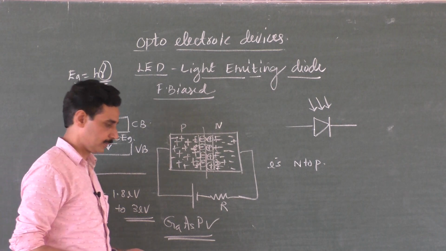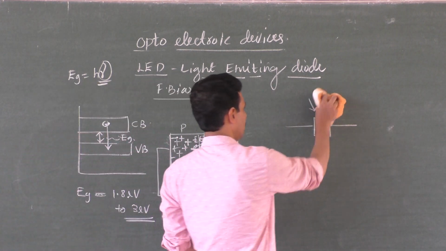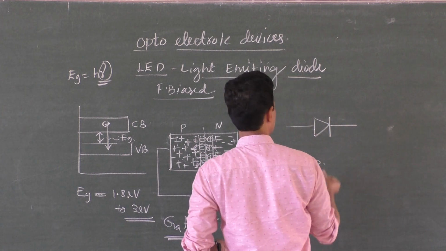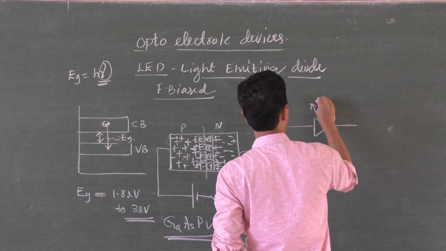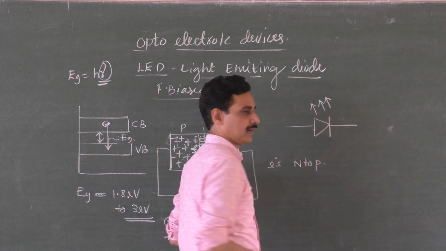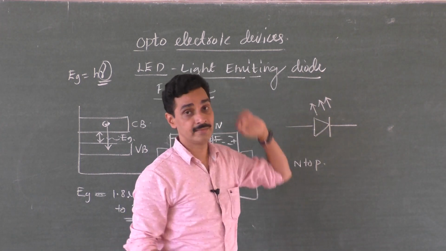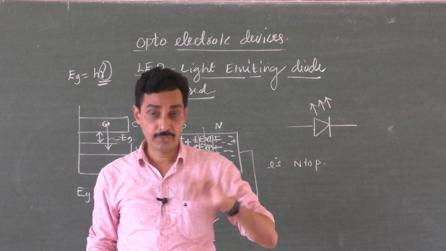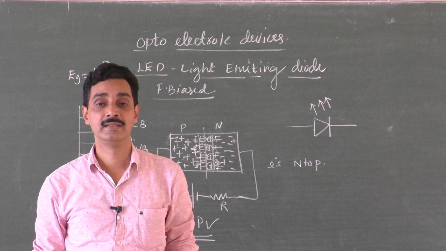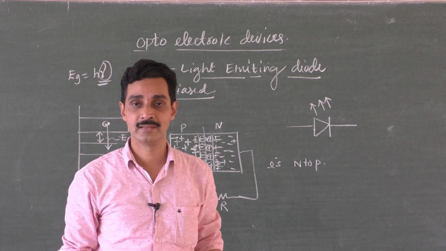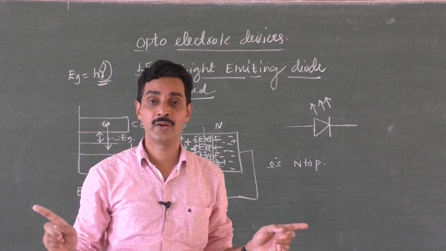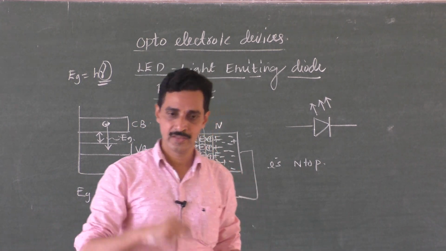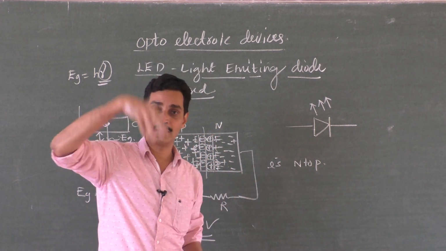So LED is forward biased. What is the symbol of LED? Not this one. The symbol of LED is like this. Last time I had written, because it emits light. The photodiode receives light and produces electron hole pairs, and they are used as charge carriers in the reverse bias. You can control the current by controlling the light.